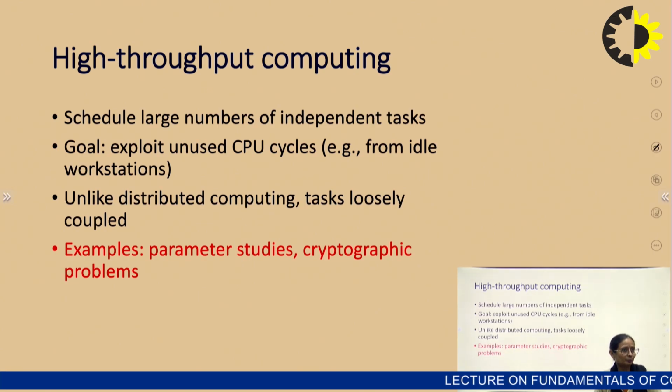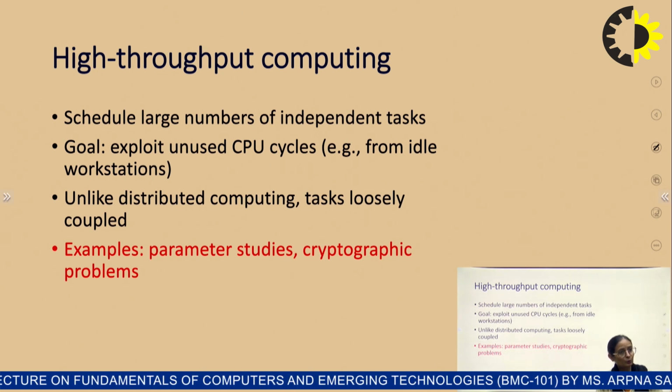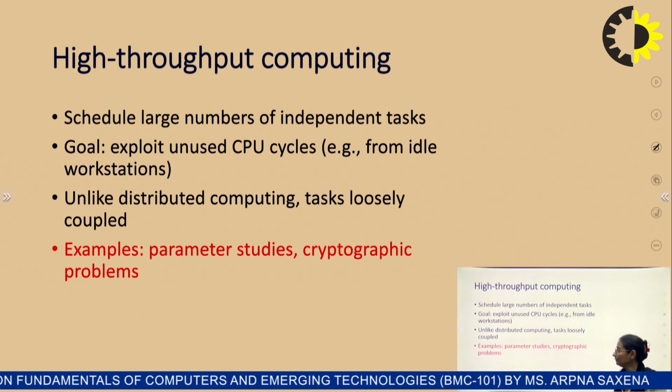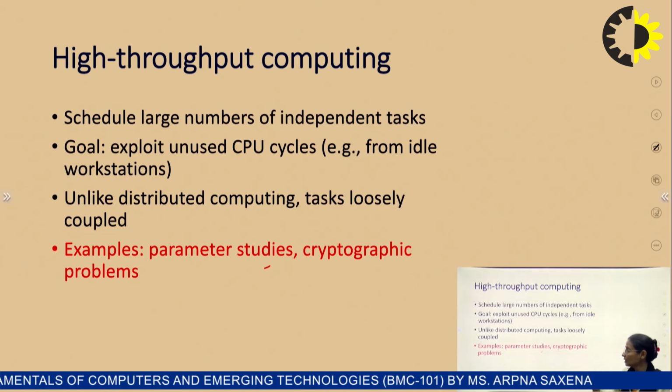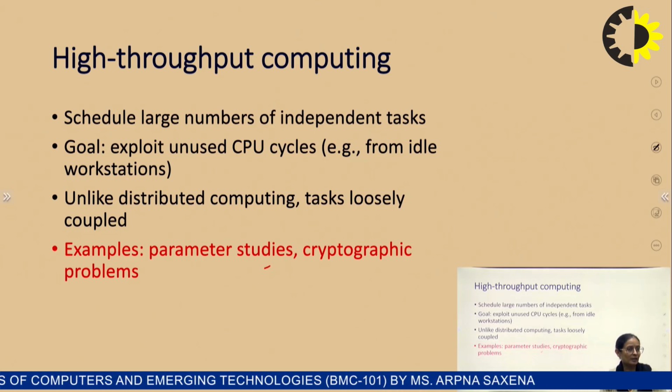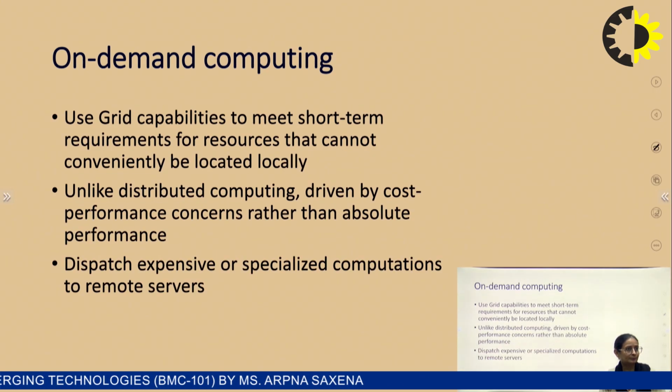So these are the main challenges when we adopt this model. High throughput computing: the idea is to exploit unused CPU cycles from idle workstations. What we do here is schedule a large number of independent tasks. Unlike distributed computing, tasks are loosely coupled. For example, with parameter studies or cryptographic problems, we use the high throughput computing model.